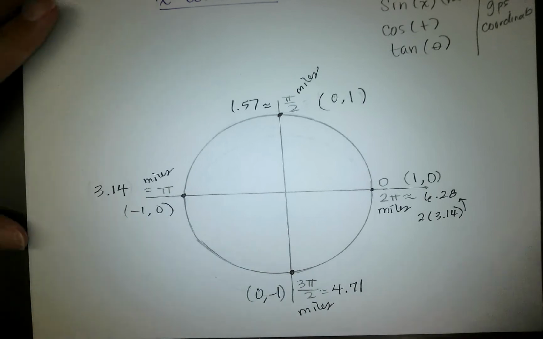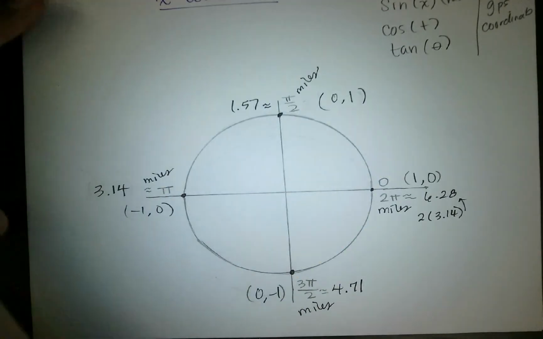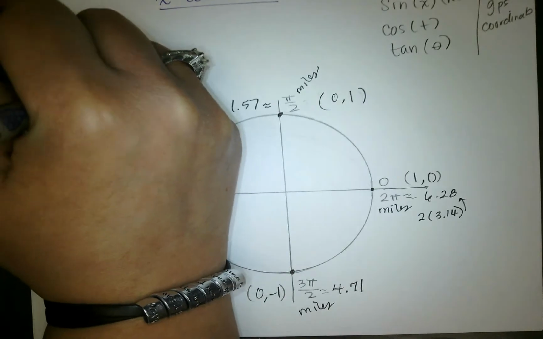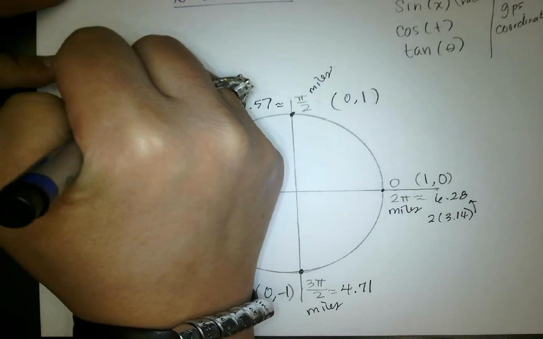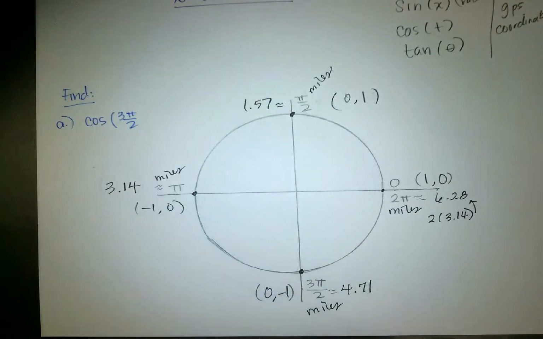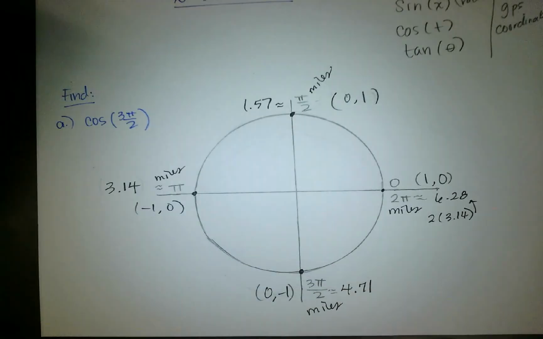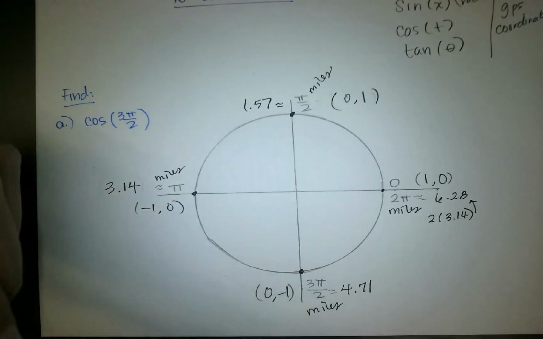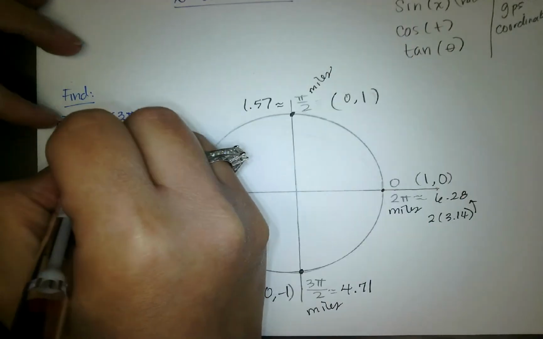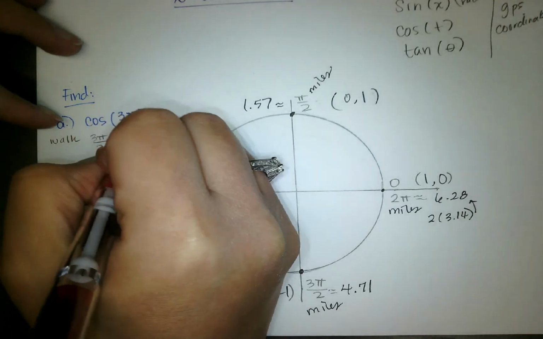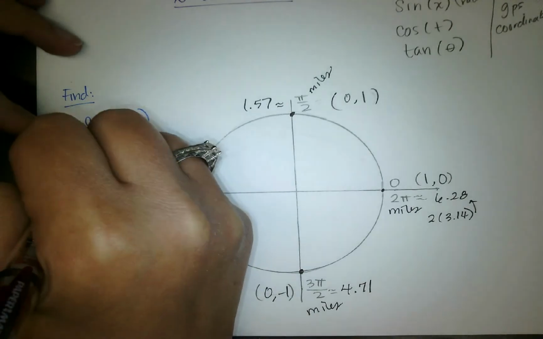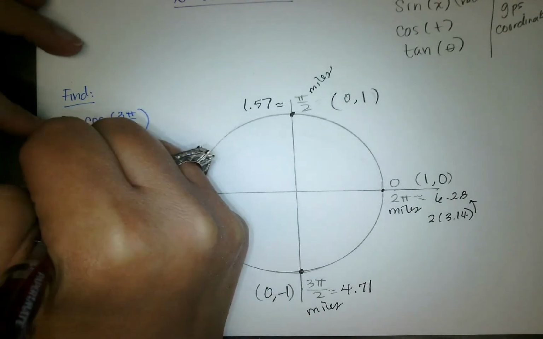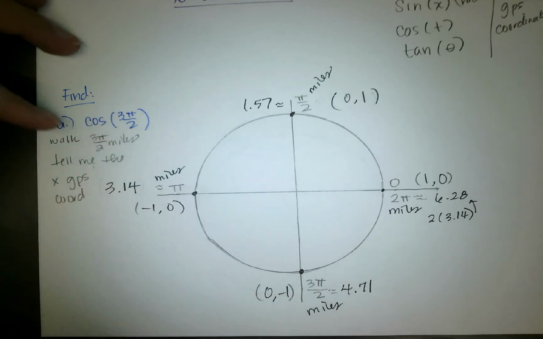Alright, so I just want to do some examples. If I said find the cosine of 3 pi over 2, that means walk 3 pi over 2 miles. So go to that famous spot and then tell me the x GPS coordinate. That's what that means.